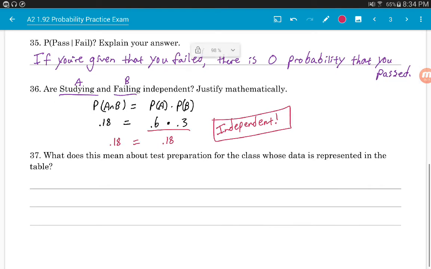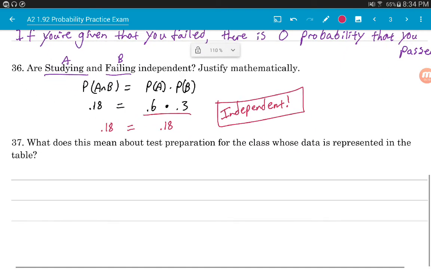Now, what does this mean about test preparation for the class whose data is presented in the table?